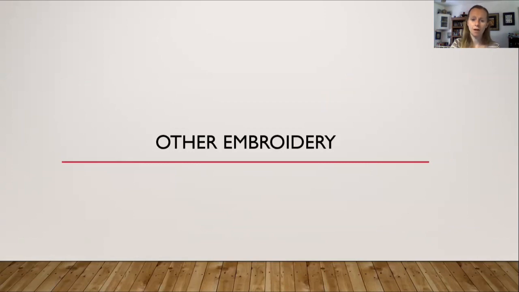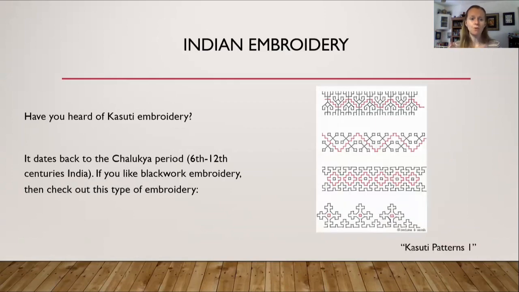And for some other embroidery, have you heard of kasuti embroidery? Here is an example on the right-hand side from kasuti patterns, and it is Indian embroidery, which looks, oddly enough, like Egyptian embroidery or blackwork embroidery, or we can call it Holbein stitch, reversible stitch.